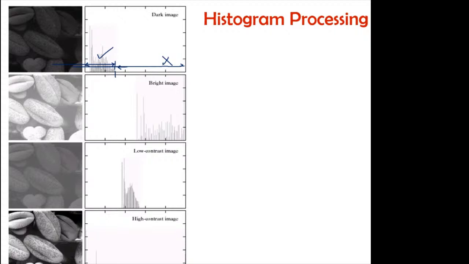Similarly, if you have this second image which is quite bright, that means most of the pixels are near white level. As you can see, this is the histogram now. This is the low contrast image. Then the fourth one, you can see that it is a well contrasted image.